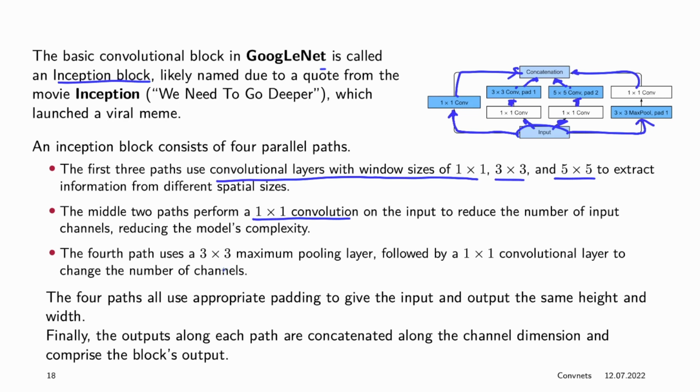The fourth path uses a 3x3 maximum pooling layer followed by a 1x1 convolution to change the number of channels. The 4 paths all use appropriate padding such that the input and output have the same height and width. And finally, all of these outputs are concatenated along the channel dimension and comprise the output of the whole inception block.